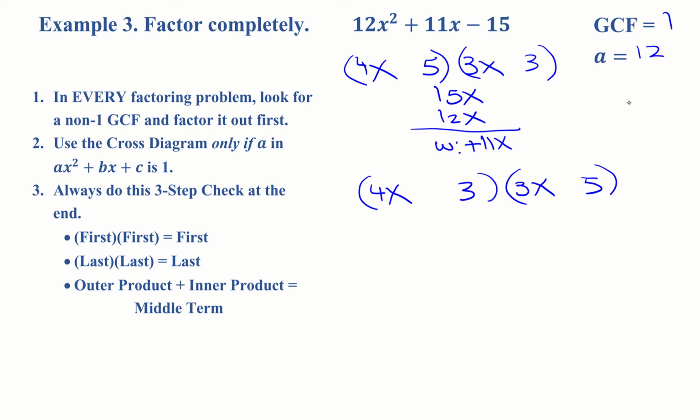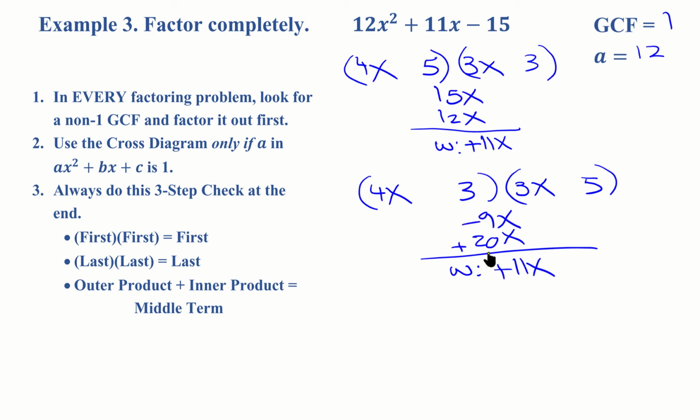So the inner product is 9x. The outer product is 20x. Remember what we want? We want a combination that is positive 11x. Now, if you notice, that's possible. If we make the 20 positive and make the 9 negative, that should work.